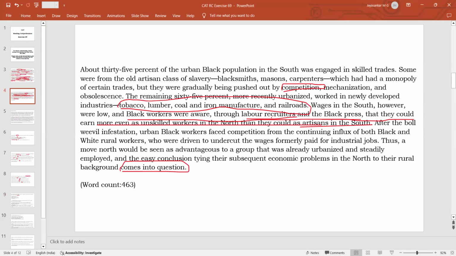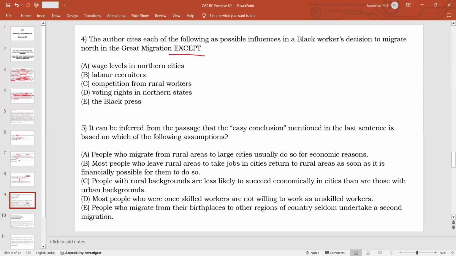So, through the labor recruiters and the newspapers meant for black people, they understood that even an unskilled worker in the northern United States earned higher wages than a skilled worker in the southern United States. That would have prompted them to migrate. So this is definitely a reason. Not your answer. Wage level is a reason. Not our answer. Labor recruiter is a reason.